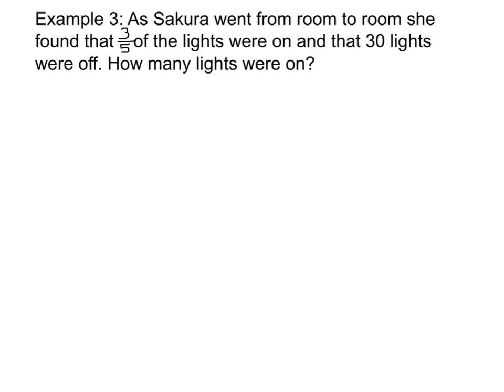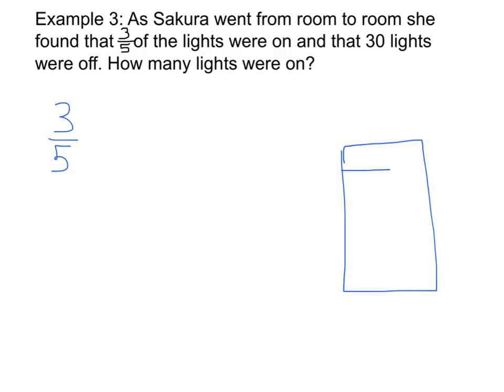In our last example, it says, as Sakura went from room to room, she found that 3/5 of the lights were on and that 30 lights were off. So how many lights were on? 3/5 is our fraction, so we know that we need to draw a box with 5 separate sections. Now, 3/5 were on. 30 lights she found were off.